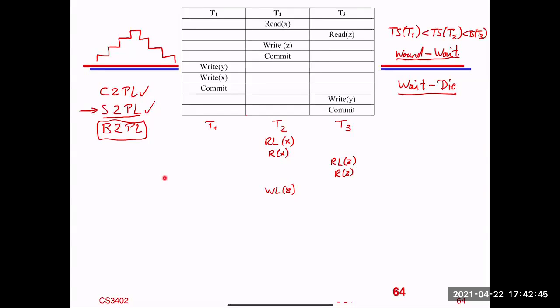T1 will try to acquire a lock on Y, and it will succeed because nobody has acquired a lock on Y. Then it can write Y, and then it tries to acquire a lock on X. So what is going to happen now?